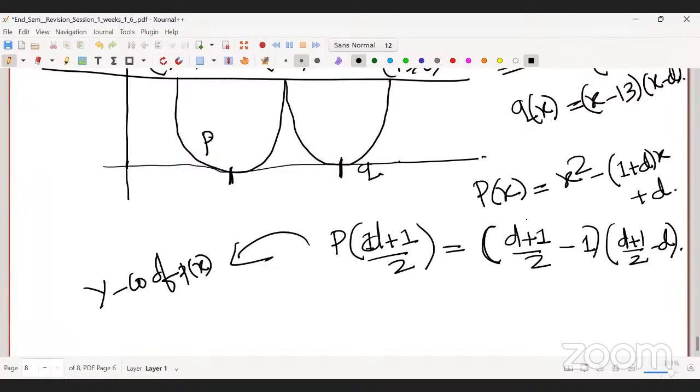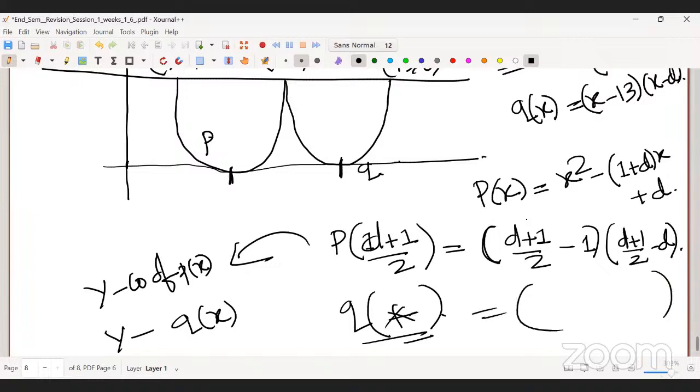Similarly, we have to find the y coordinate of the vertex of Q of x, and then equate the two. From there you can get the value of d.